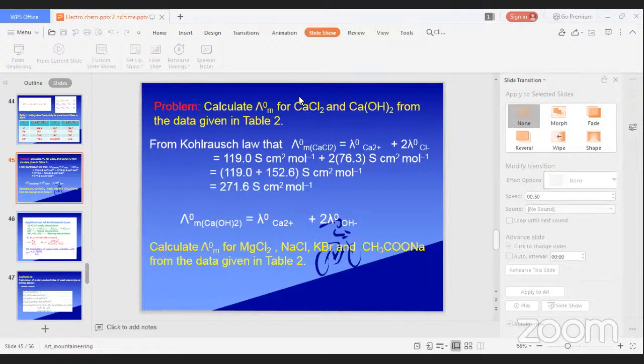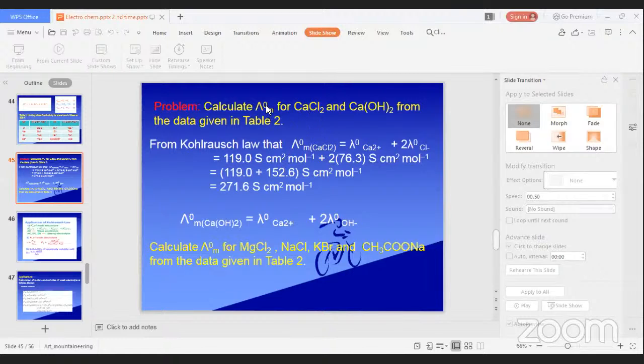Calcium chloride will ionize into Ca2+ and 2 Cl-. This is Kohlrausch's law. Whatever the calcium ion, its migration is independent. Even though it is attached to chloride, bromide or hydroxide ion, it independently gives a fixed value. That is Kohlrausch's law.